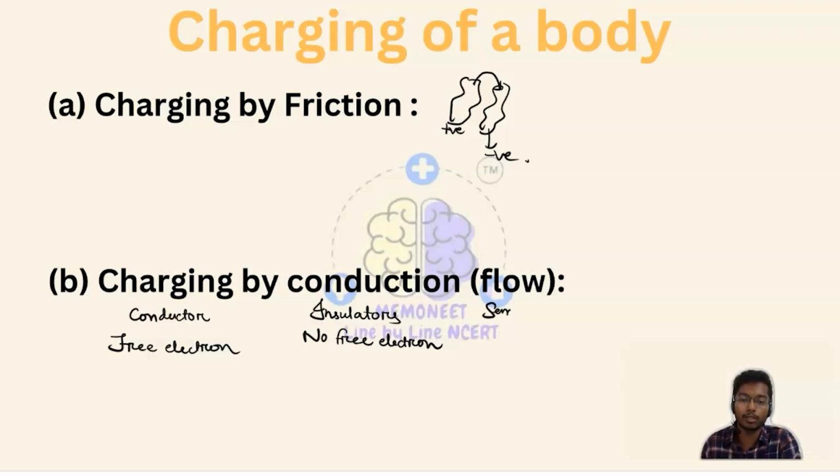And then we have semiconductors. In these we have a smaller number of free electrons. Here we have to apply temperature so that the free electrons come out and it becomes a charged body.